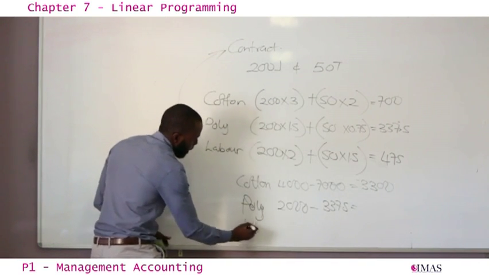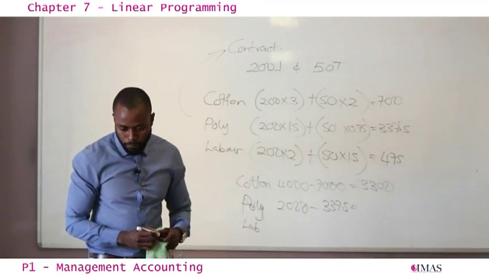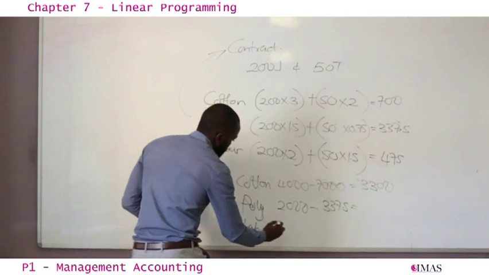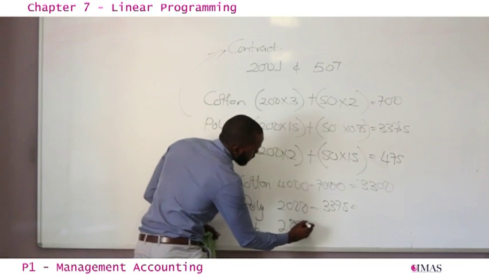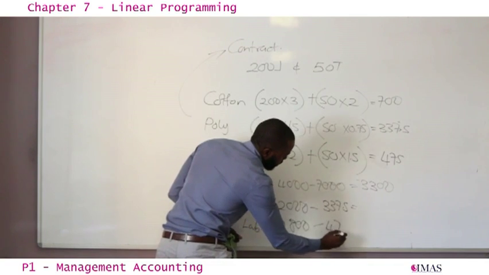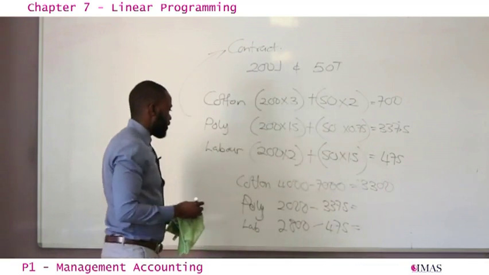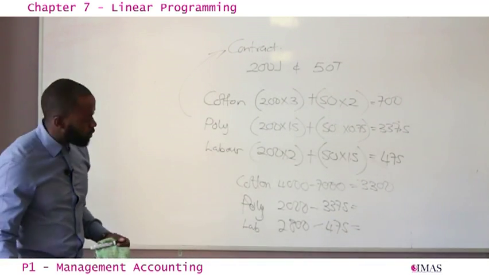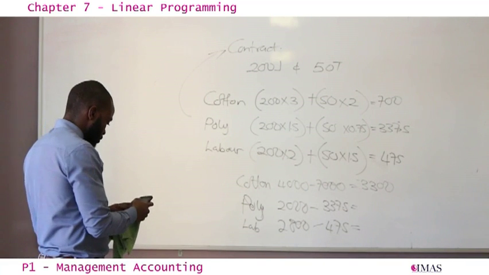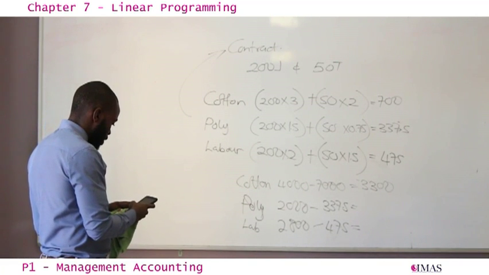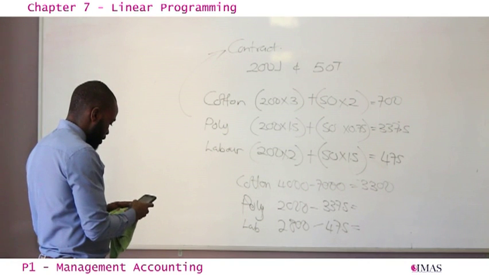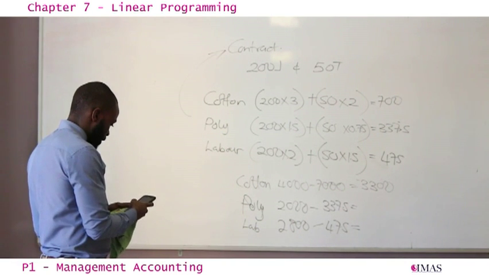Then for labor, we have 2,800 hours, so 2,800 minus 475.